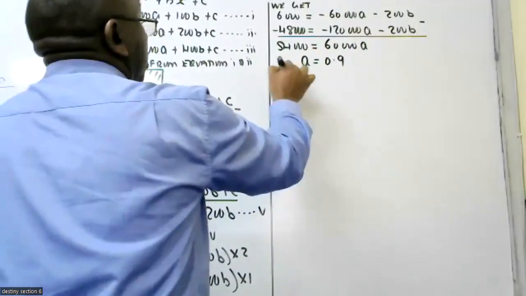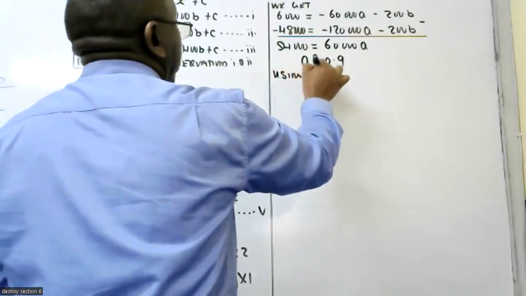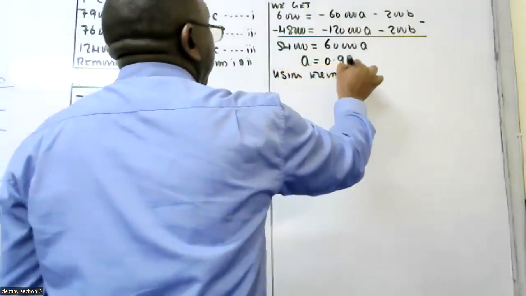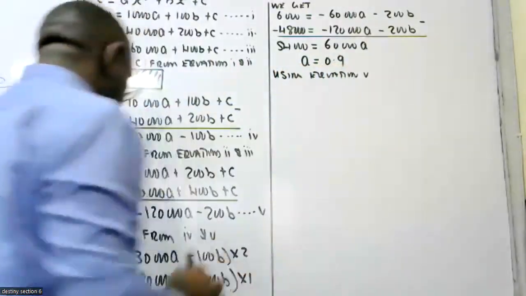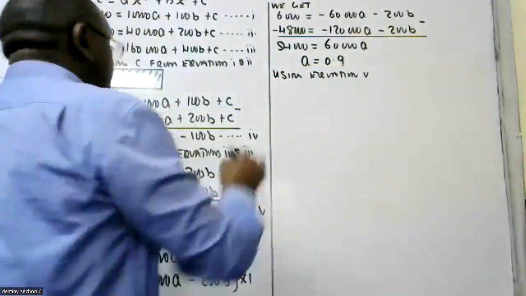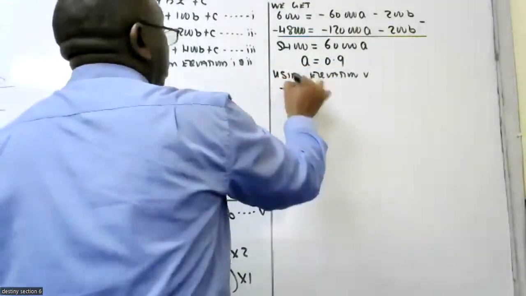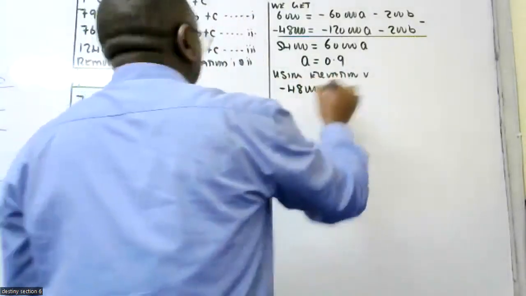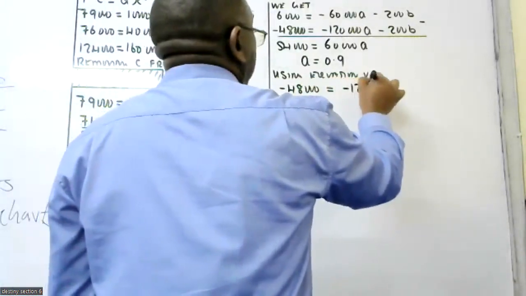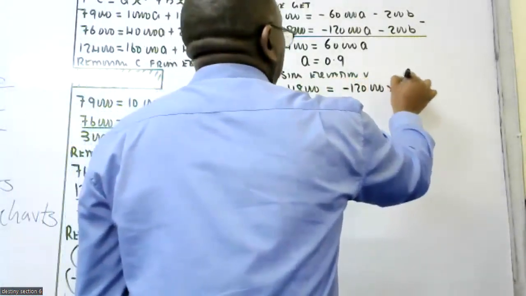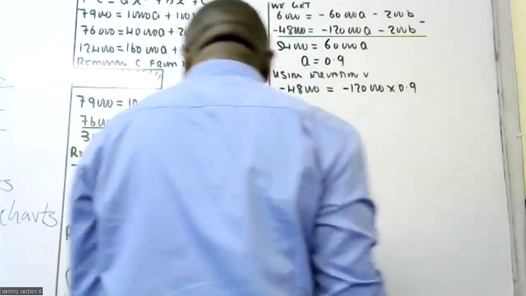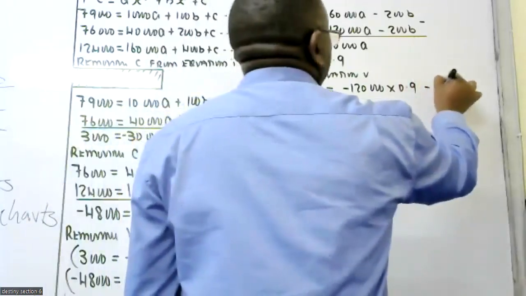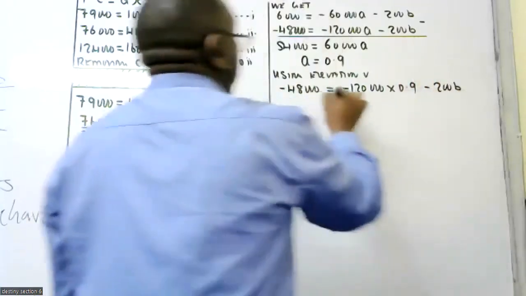So using equation 5, we are going to talk of minus 48,000 being equal to minus 120,000 multiplied by 0.9 minus 200B.